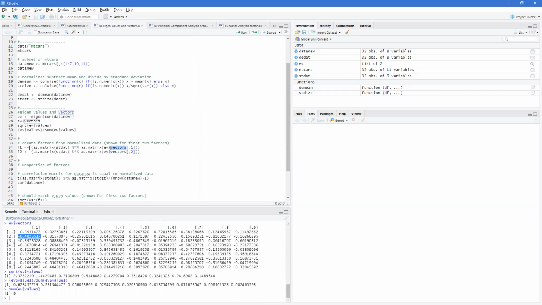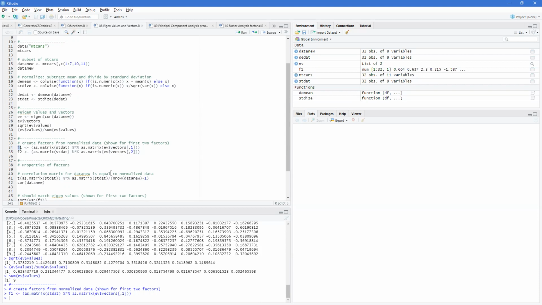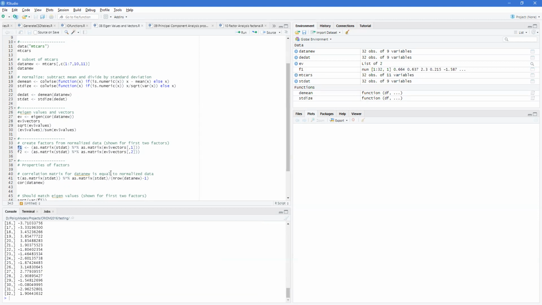So we can actually generate a factor, and we can generate factor 1. And we can see that it just generates a series that is the length of the original series, which is 32 observations. And we can do this for our second factor, our second column from our eigenvectors matrix.